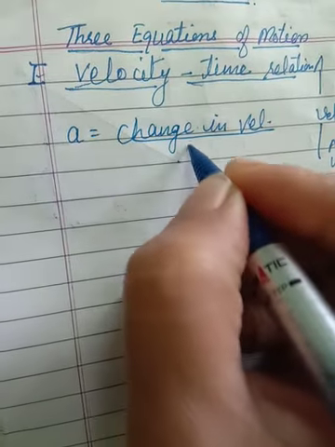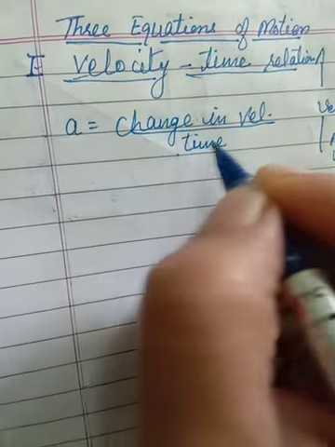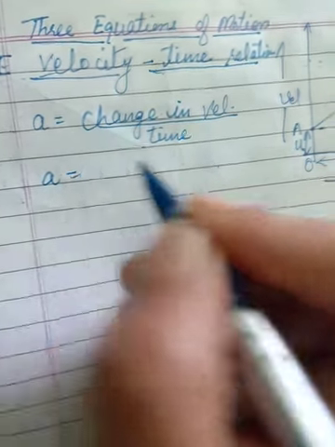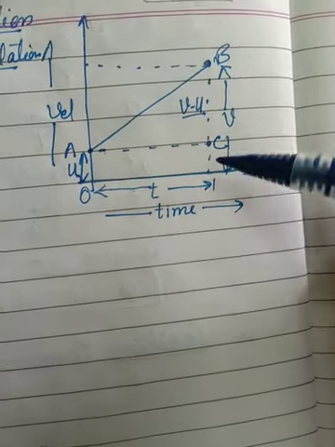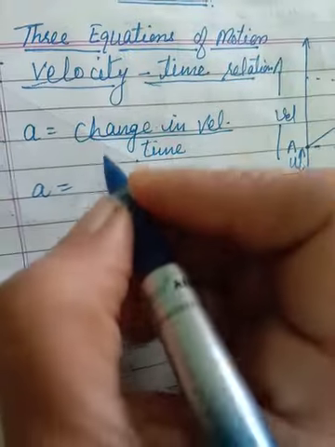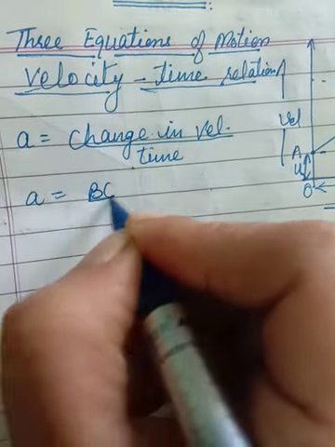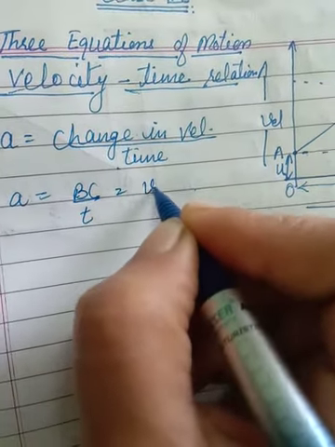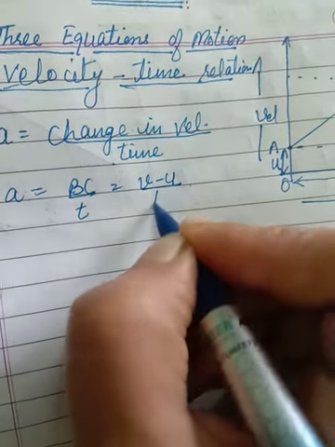So a equals change in velocity upon time. How much is the change? Change is equal to bc upon time t. So bc is equal to v minus u, and time is t.